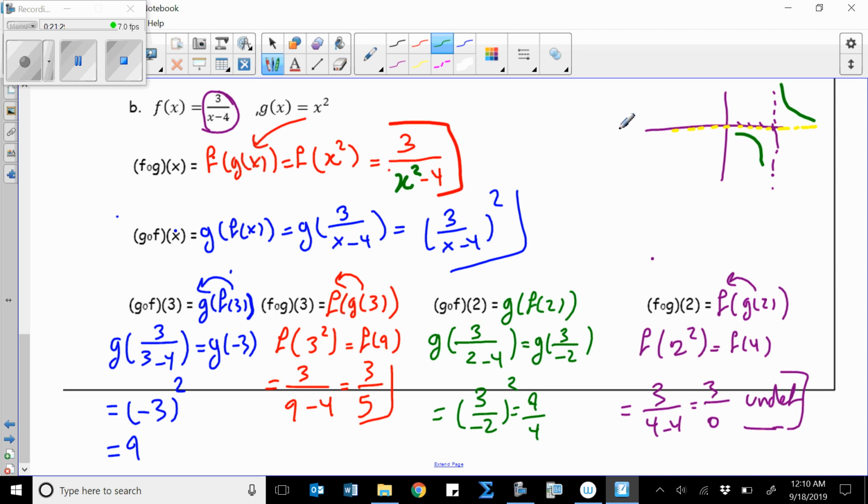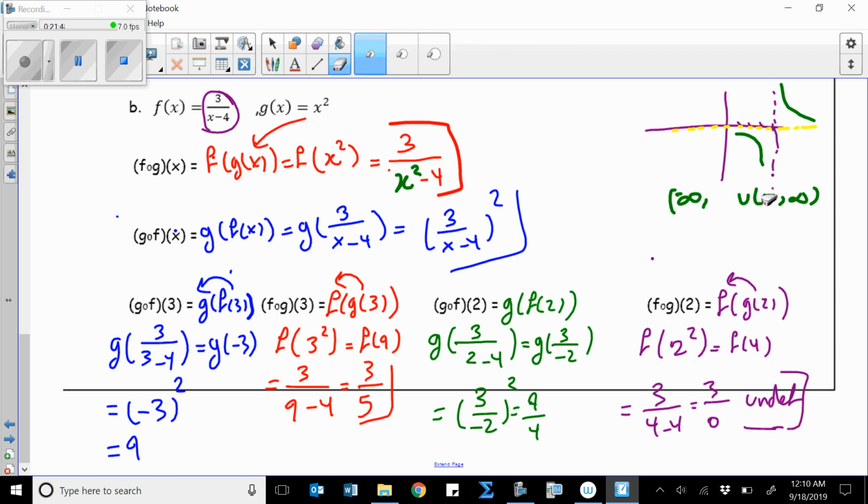So the domain of this function is all the real numbers except 0, negative infinity to 0 and 0 to infinity. Let me fix it.